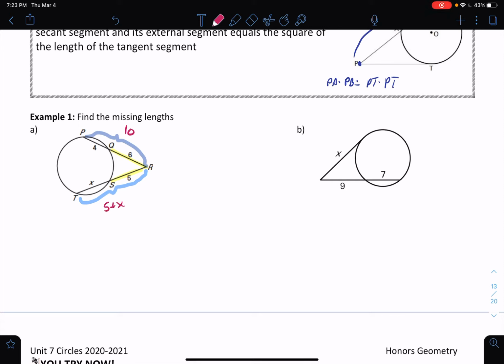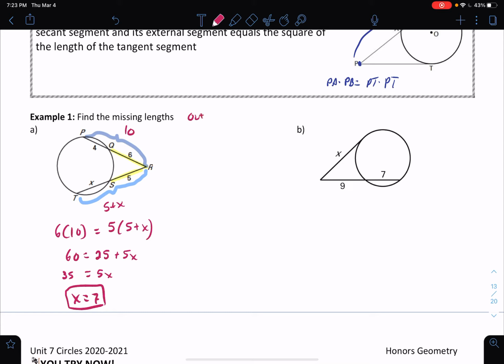So we get outside times whole equals outside times whole. Now we just need to solve this. So we get 60 equals 25 plus 5x. So 5x equals 35. x equals 7. So the relationship here is outside times whole equals outside times whole.